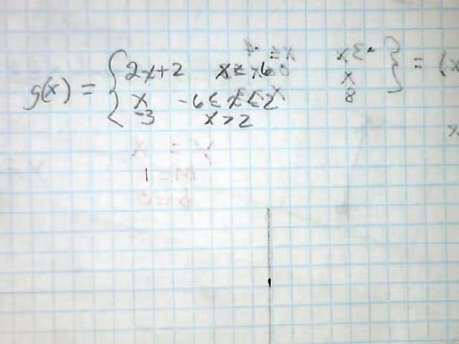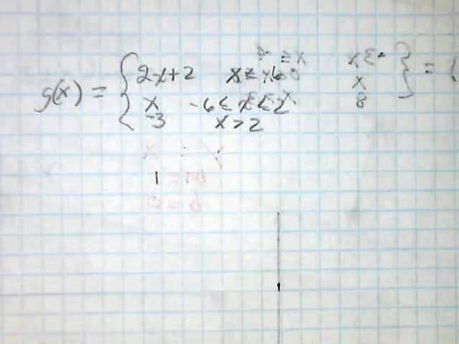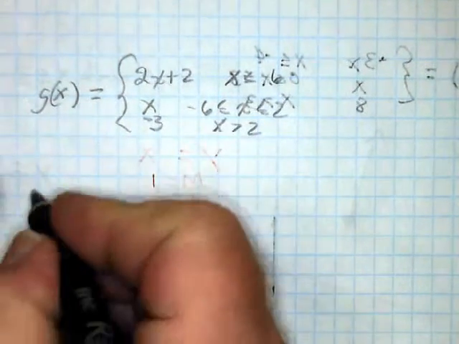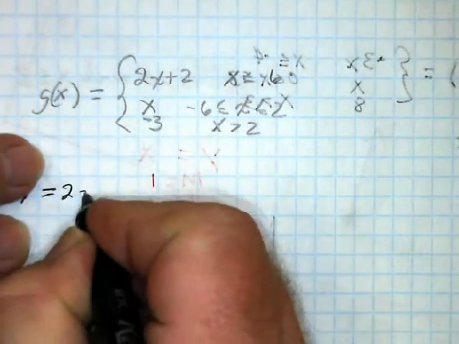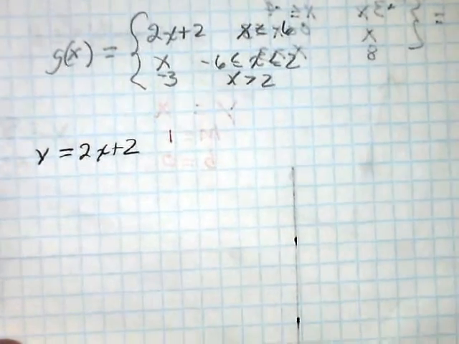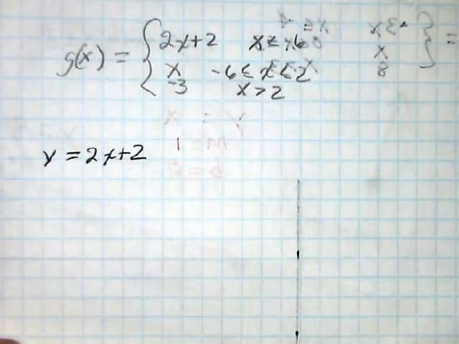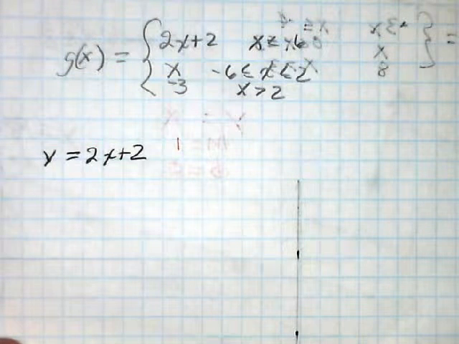Okay, those are the three. From those particular expressions, I could rewrite the first one as y is equal to 2x plus 2. Do you agree? What does that tell me? When I rewrite it, is it in the slope-intercept form?